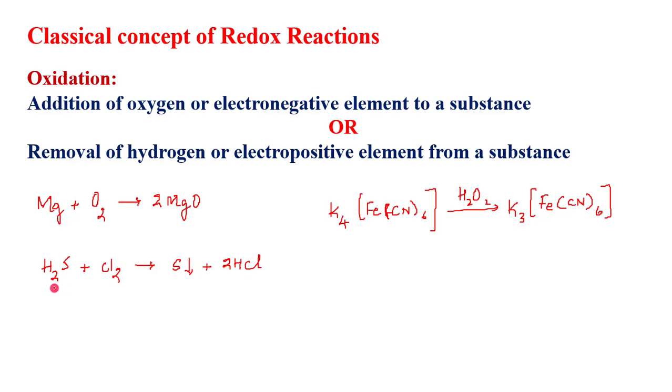If you check from here to here, H2S has changed to sulfur. You have removed hydrogen, we call it as oxidation, right? It will be called as what? Oxidation. And chlorine to HCl, what you have done? You have added hydrogen, that's why it is becoming HCl. So this will be called as what? Reduction. So always redox reactions are those where oxidation and reduction takes place simultaneously at the same time.